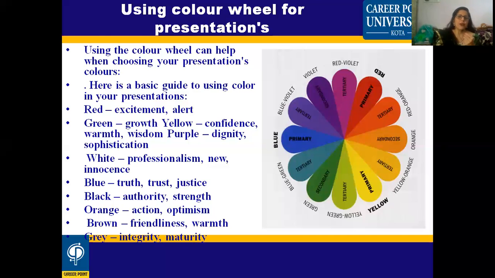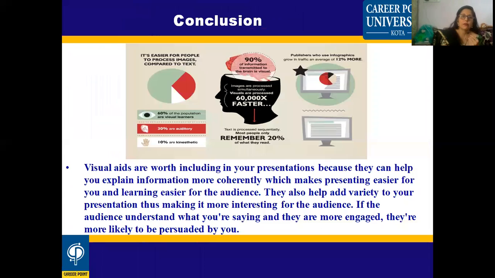So minutely, if we observe the color wheel, we may find that each and every color has its own unique importance, and they convey certain messages that we wish to convey to the audience. So minutely, you should choose your colors, and according to the message that you wish to deliver, the color can be chosen.